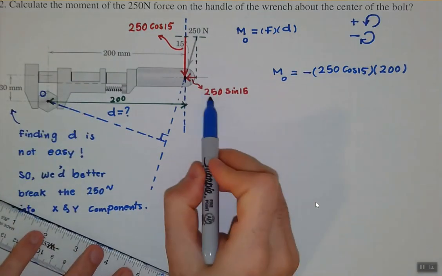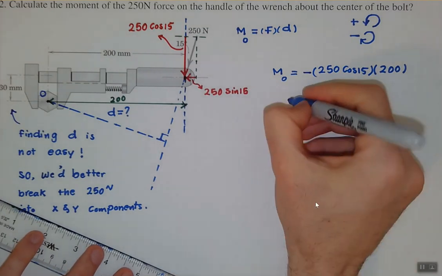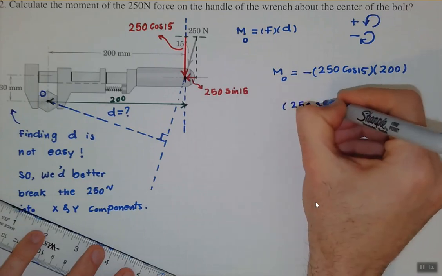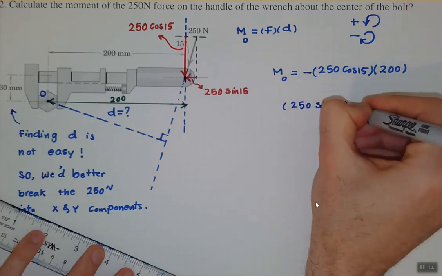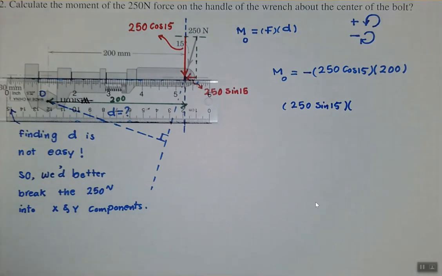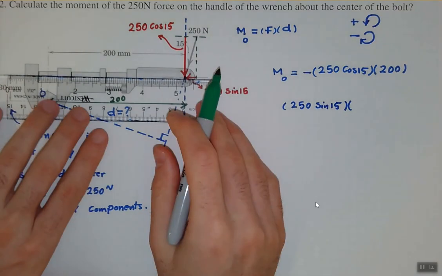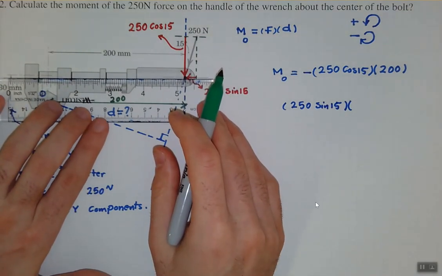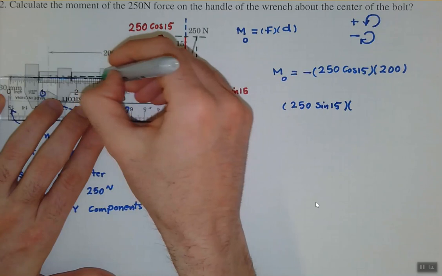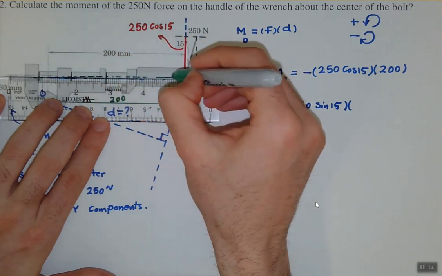So what about the other one? 250 sine 15. So the load is 250 sine 15. What is the distance? Again, we start with the line of action. So this is a small load. If I draw the line of action, this is the line of action.